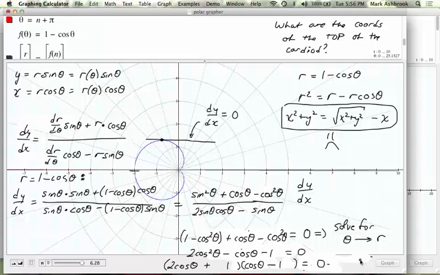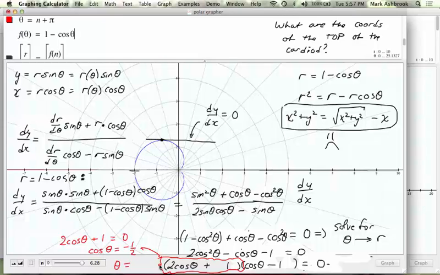And so which angle is going to give us that second quadrant angle? Is it going to be this first term or the second factor? That first one there is going to give us our second quadrant angle, because 2 cosine theta plus 1 equals 0, or cosine theta equals negative a half.